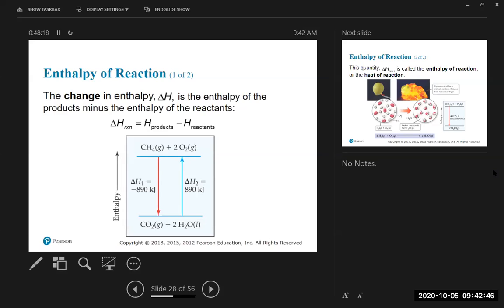The enthalpy of the reaction, which is delta H with the small r-x-n subscript, is the enthalpy of the products minus the reactants. So we have a product value minus the reactant value. That's our delta H.